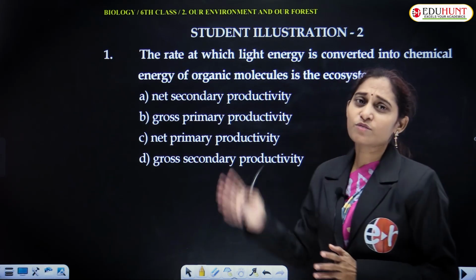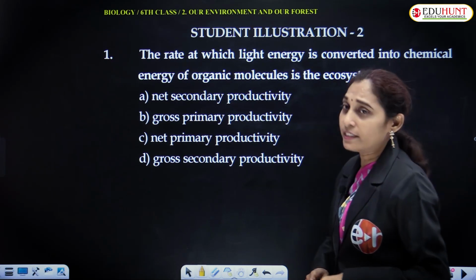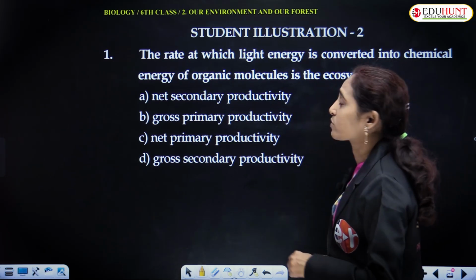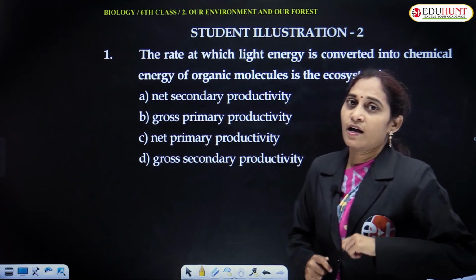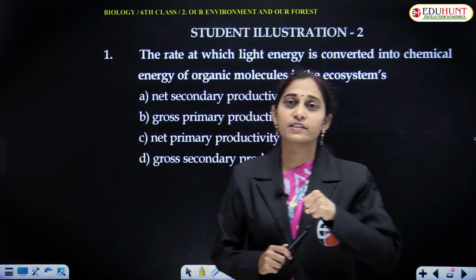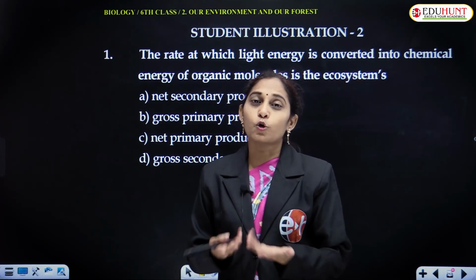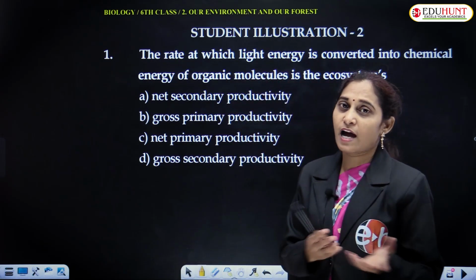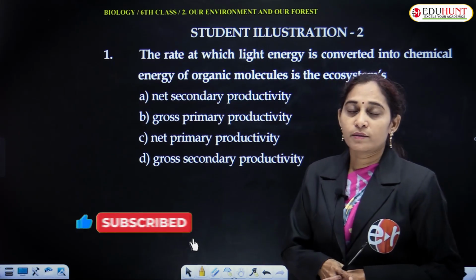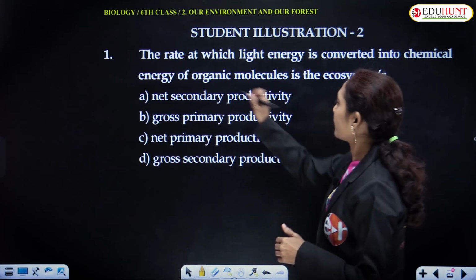Okay, let's move on to the concept. First question: the rate at which light energy is converted into chemical energy of organic molecules in the ecosystem. We have discussed that the primary producers trap the sun's energy, that is radiant energy, and convert it into the chemical form of energy, in the form of chemical bonds. Glucose has carbon, hydrogen and oxygen atoms that make different bonds and form organic molecules.